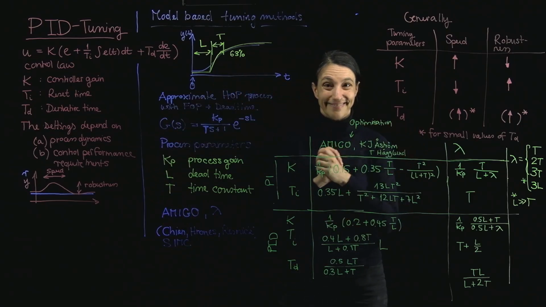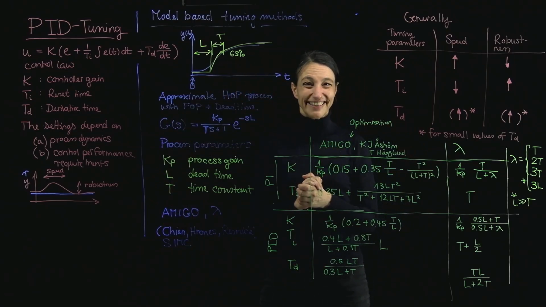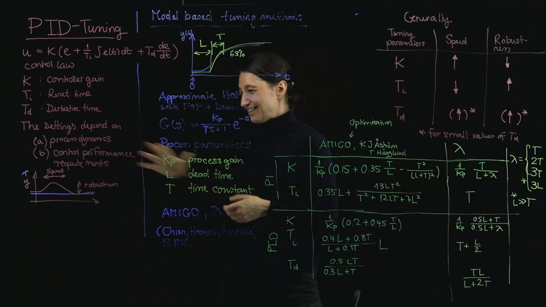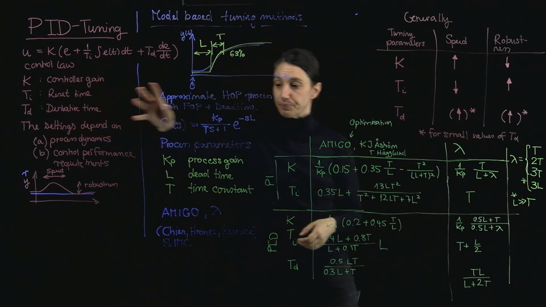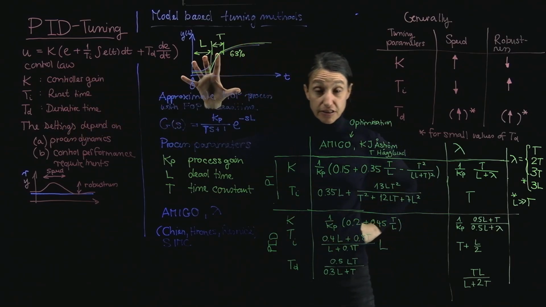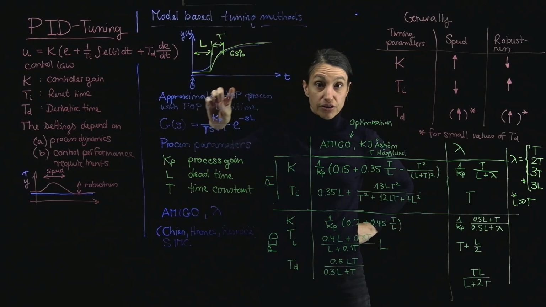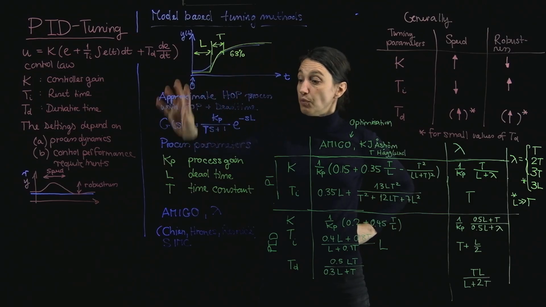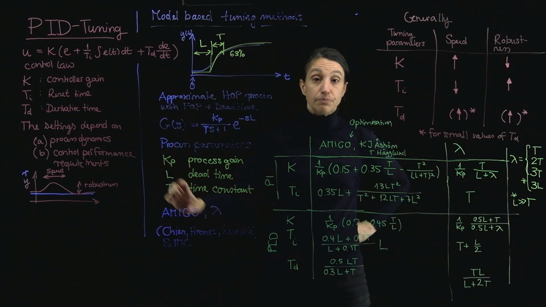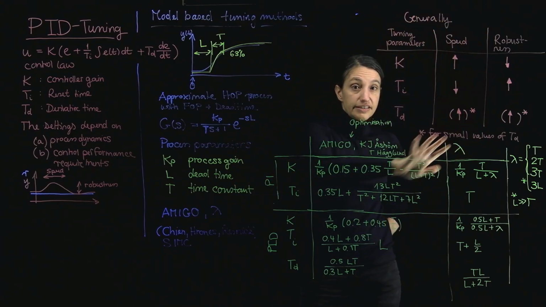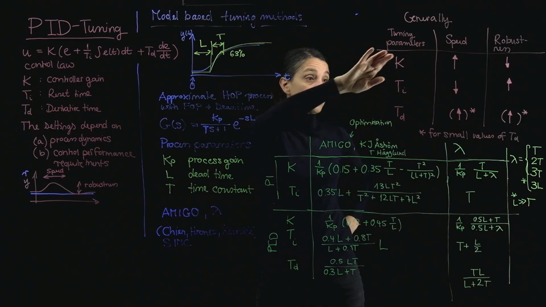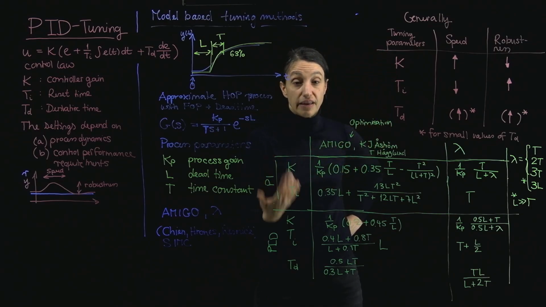So all on one board, we have a recap. We've done the different tuning parameters. We looked at a process model of a step response process model with 3 process parameters, and I've given some general idea how we should adjust K, Ti, and Td, and what will be the impact.